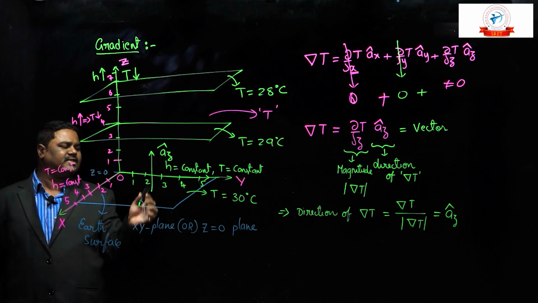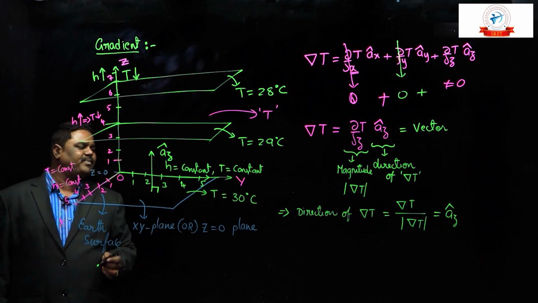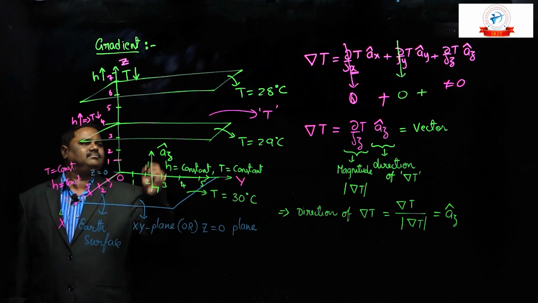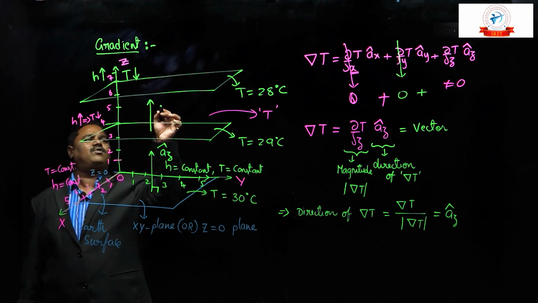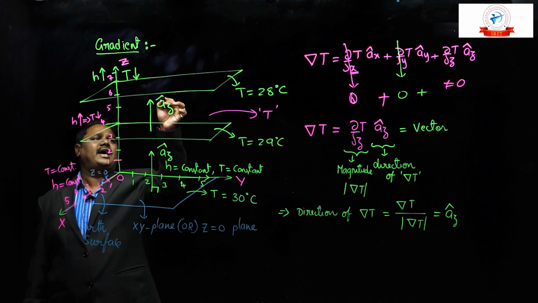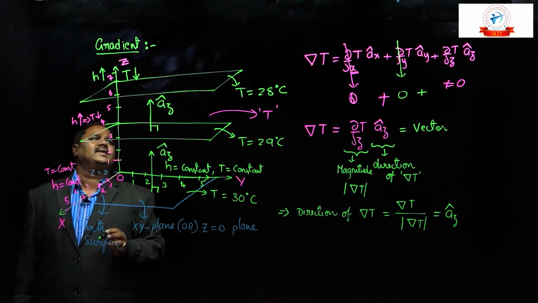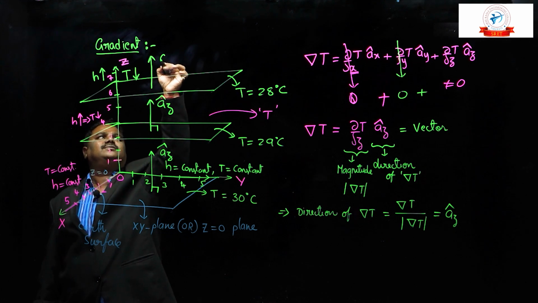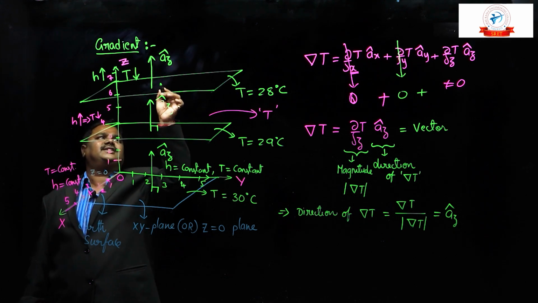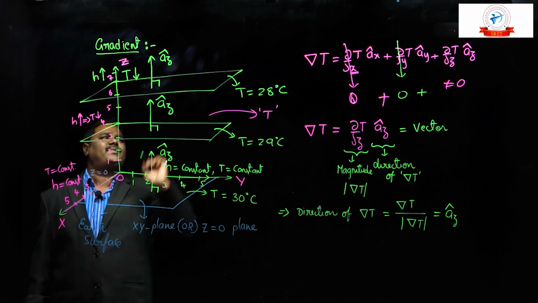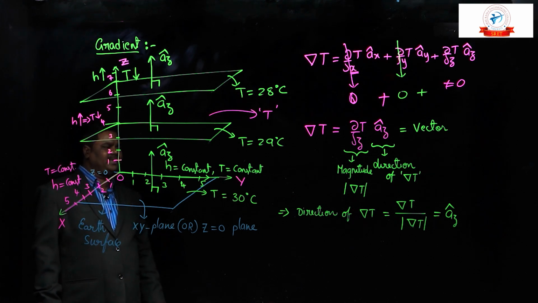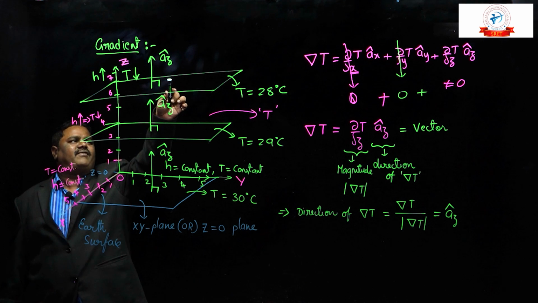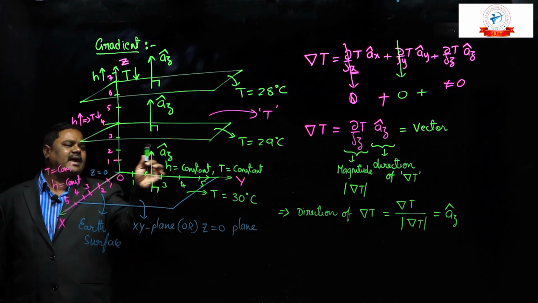Z direction is denoted with Az cap, which is perpendicular to this surface. And what is the direction of this surface? Its area is also showing upward direction, and upward direction is Az cap. Again, this surface area is also showing vertically upward, and vertical upward direction is Az cap, perpendicular to this surface. Everywhere, the direction of all these surfaces is the Az cap direction.